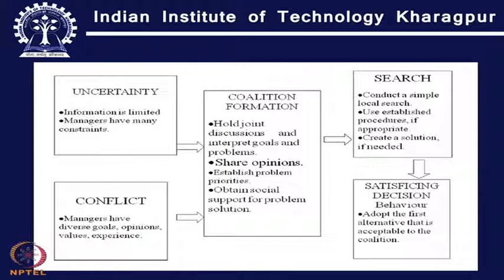it's not possible to arrive at a decision which all are going to accept, like when we are talking of rational decision making, searching for all the possible alternatives and then trying to arrive at a particular solution, because those processes are very time consuming.